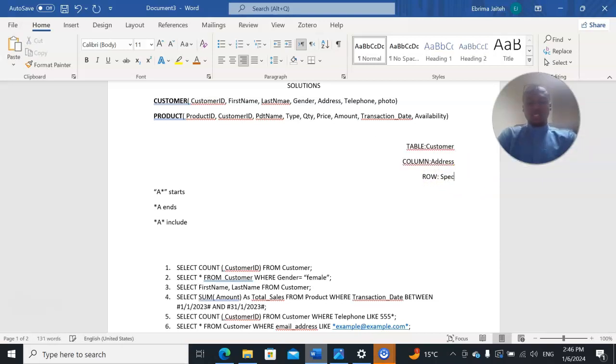Did they give us any information about the city? Two things here. They say specific city. This specific here, actually I don't know what it means, but if the name of the address is specific city, then we can name it as specific city. So you can put it this way.